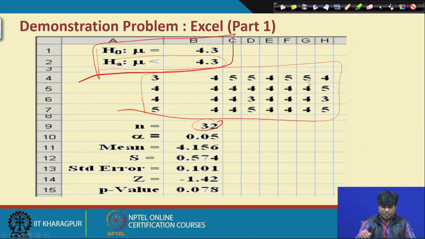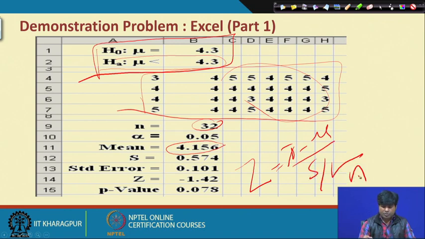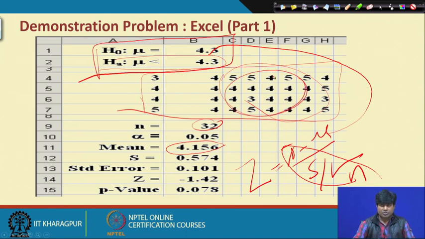With the basis of these samples we have to calculate the means, which is our requirement. Technically the formula is z equal to x bar minus mu by s by root n. Here mu is given, that is 4.3, and the rest of the things you have to calculate from this particular sample of observations, right.